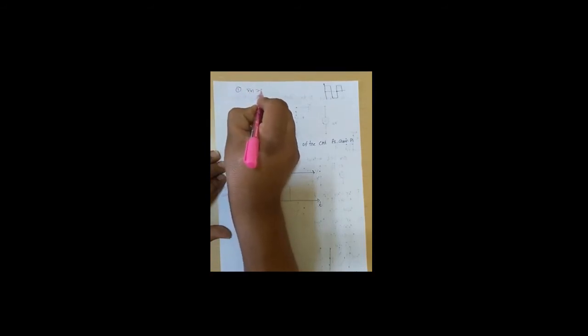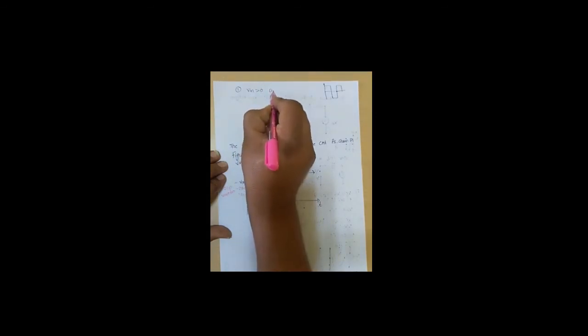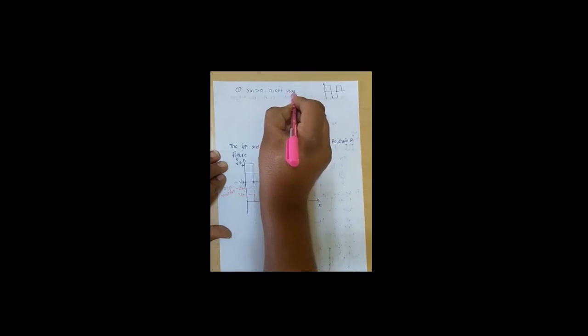To draw these waveforms, we consider three conditions. The first condition is the input voltage is greater than 0. At that time the diode is off and the output voltage equals V input. The second condition is the input voltage is less than 0.